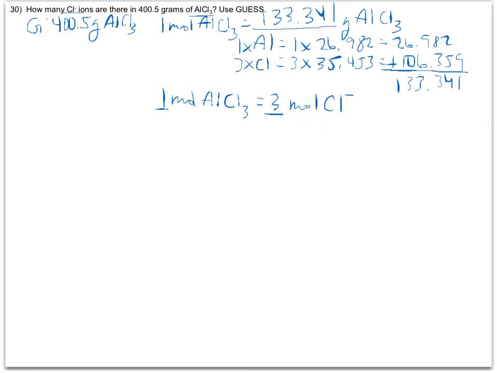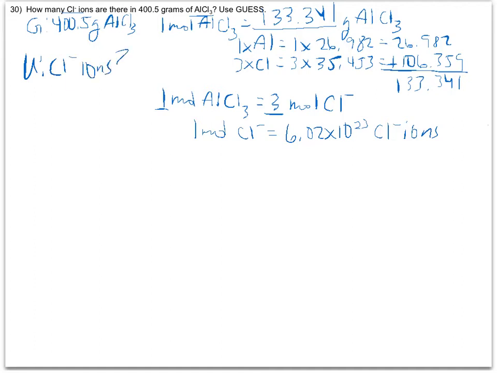The last step is to get out of our moles of chlorine ions. A mole of chlorine ions is always going to be Avogadro's number, to get to the actual number of ions. So this is a 3-step process just to get to the chlorine ions we're looking for.